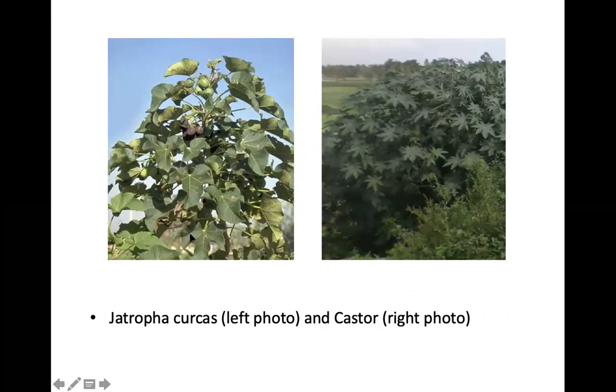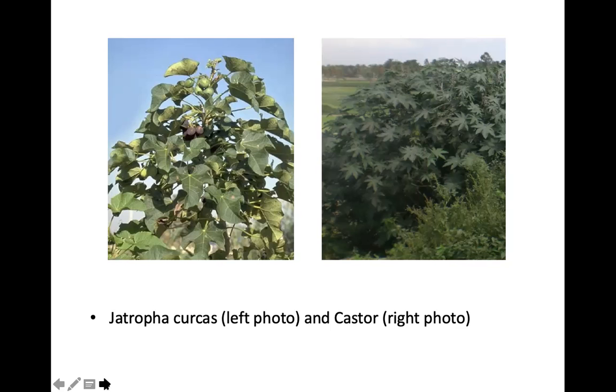Jatropha is not so abundant, introduced in Bangladesh from other countries, but castor is abundant. Lots of diversity. Some are red and some are green, and available in the country. So we can find out the highest oil containing and highest seed producing variety.